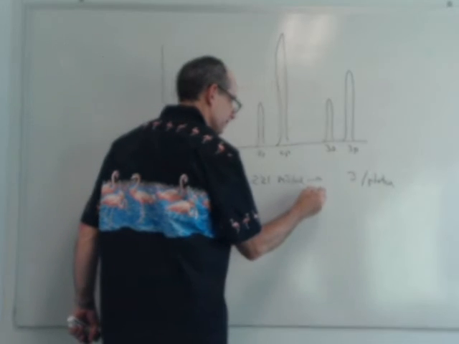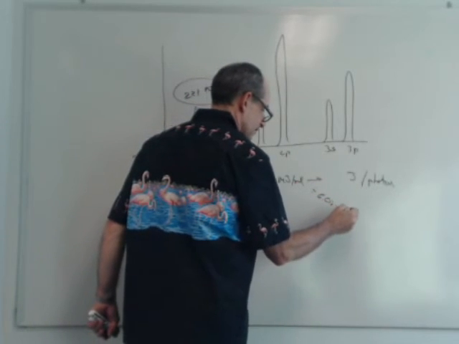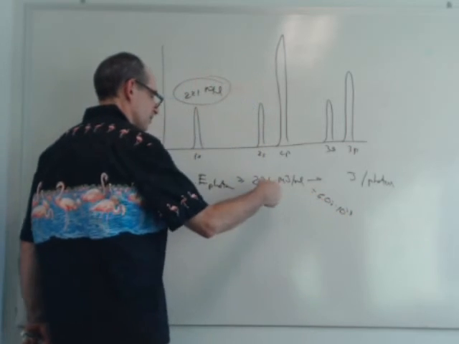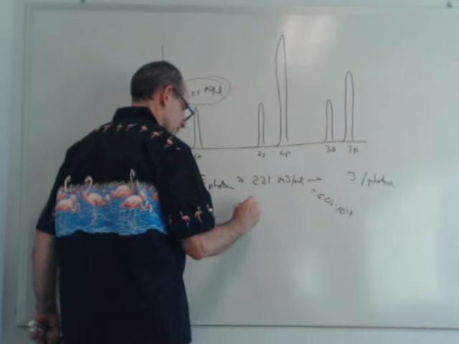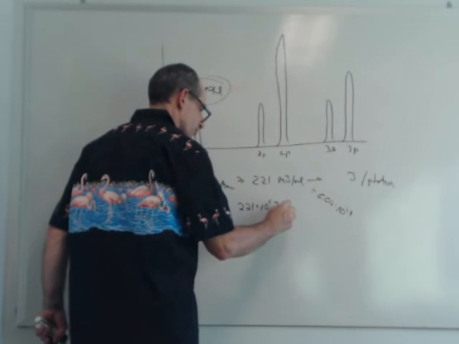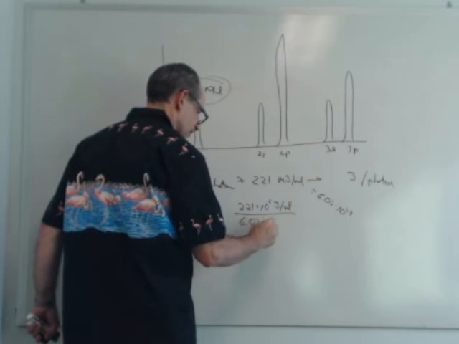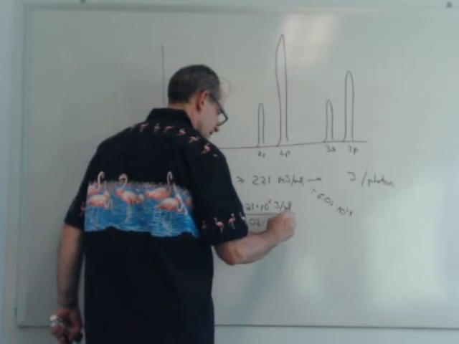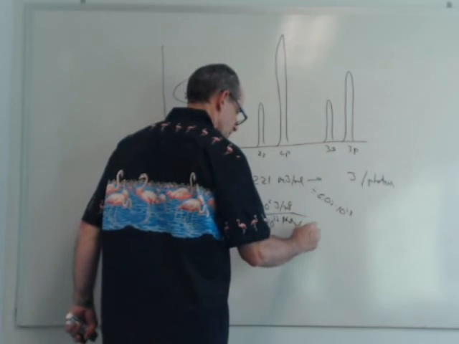Since we don't want a mole of photons, we just want a photon. And to do that, we'll divide that number by 6.02 times 10 to the 23rd, the number of particles in a mole. And remember that 221 megajoules would be 221 times 10 to the 6th joules per mole, divided by 6.02 times 10 to the 23rd photons per mole.